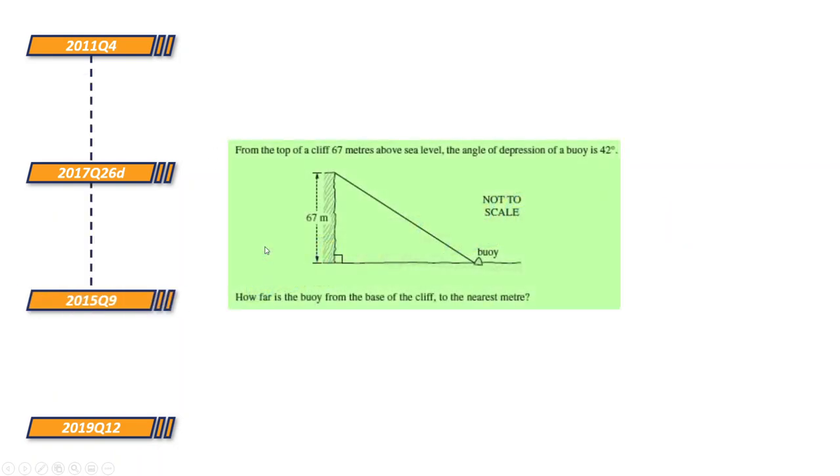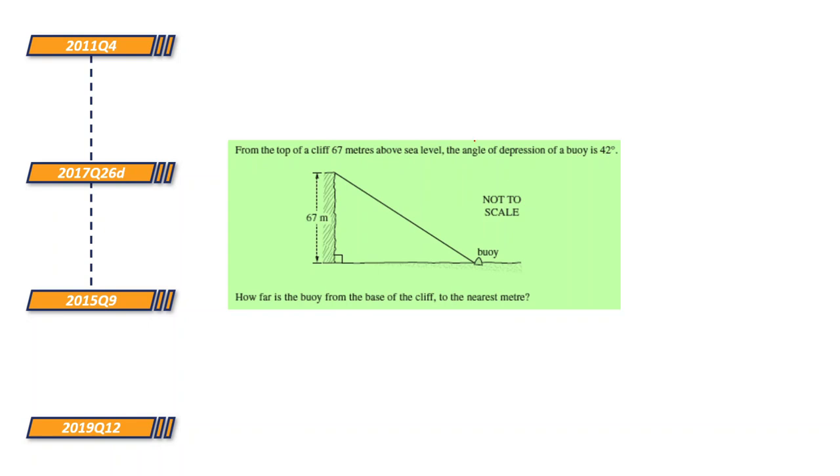Moving on, 2015 question 9 is slightly harder. You're told that the top of the cliff is 67 meters, and the angle of depression is 42 degrees. You have been given the scenario, but it's not completely drawn.